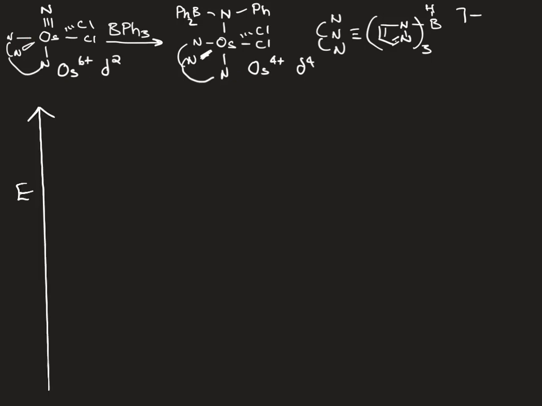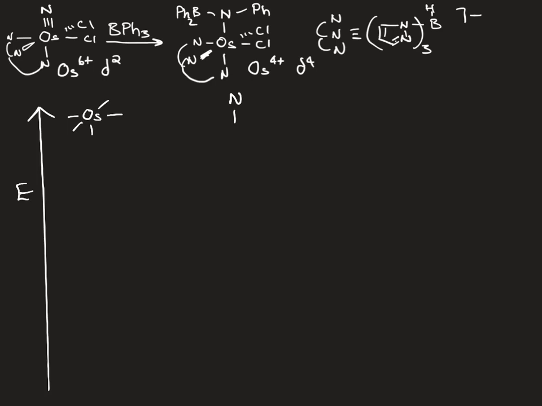We're going to look at the osmium 6d orbitals and the nitrogen 2p orbitals, and we're going to start by placing this osmium species in nominal C4V symmetry with the nitrogen ligand coming down on top.